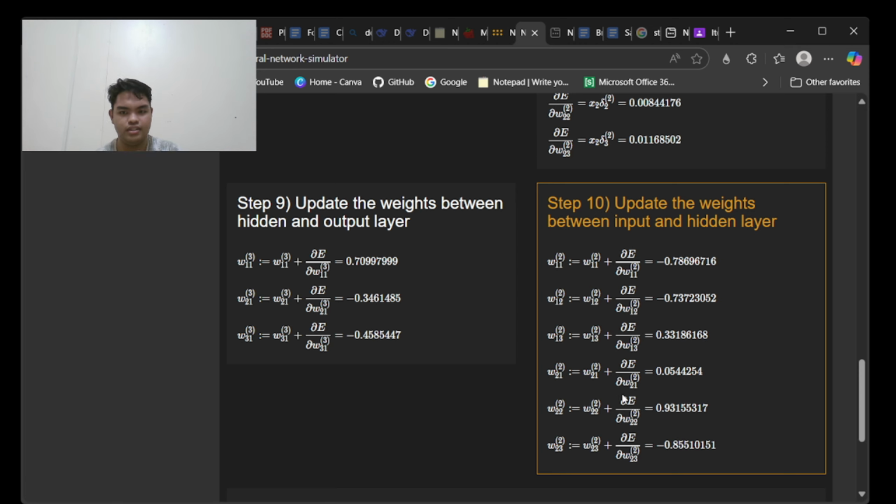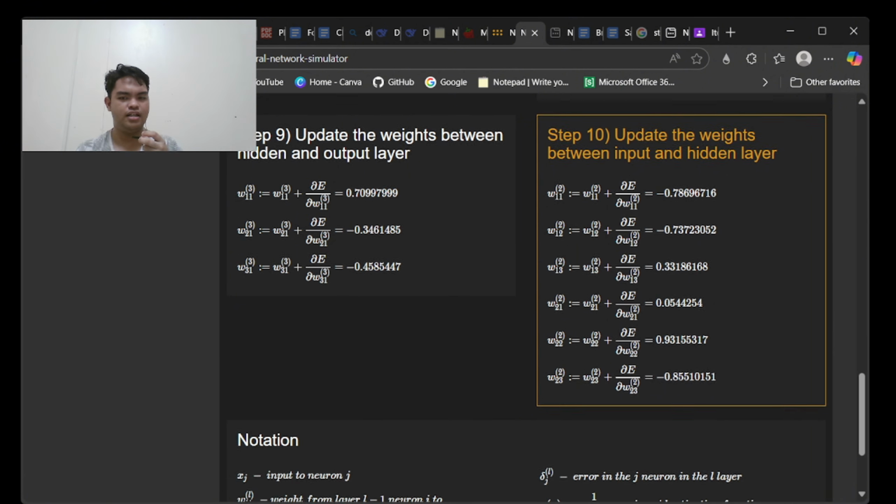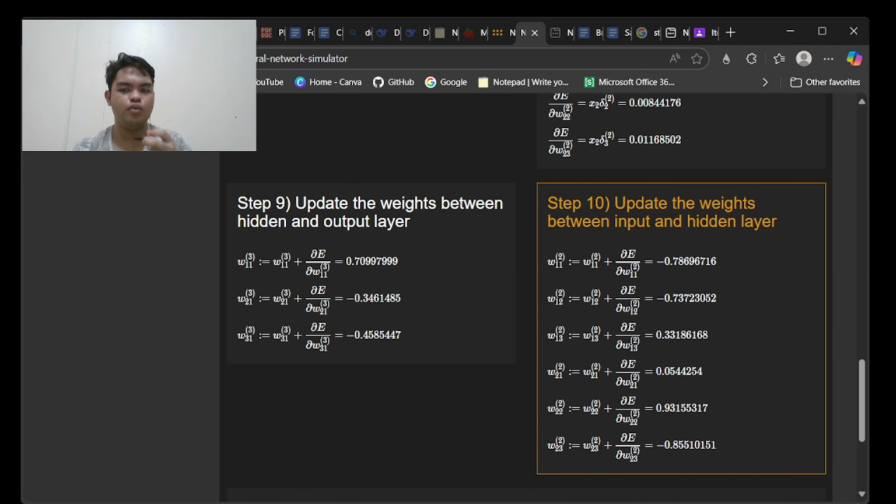Now, understanding what the neuron actually learns. After 100 iterations, let's see what these final weights mean. For the hidden layer, these numbers tell the hidden neuron how much attention to pay to each input.